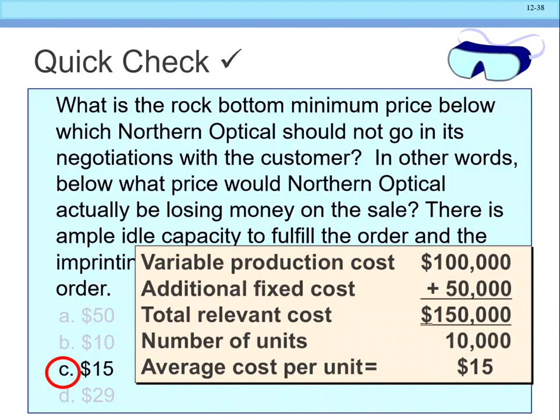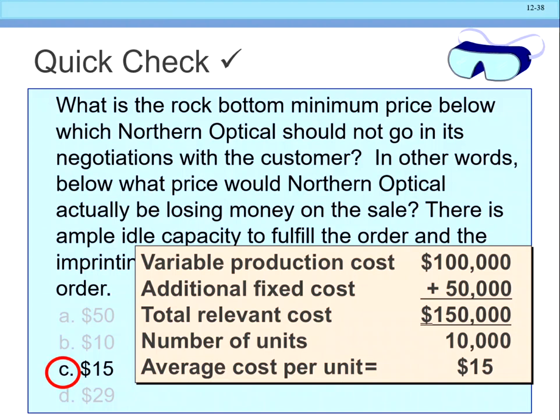But there are a lot of considerations that you may need to put into your analysis. However, the bottom line, if we are looking at it from a financial side of things, any price above 15, accept. Any price below 15, reject.